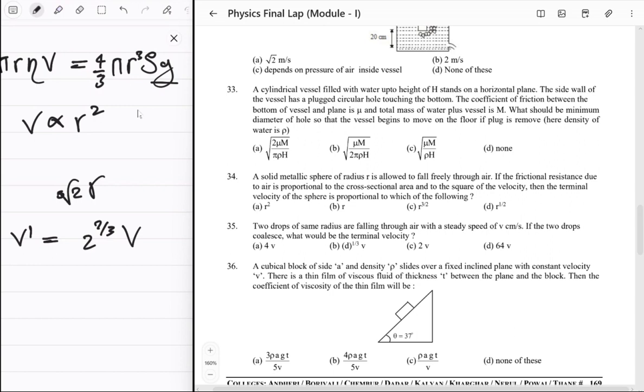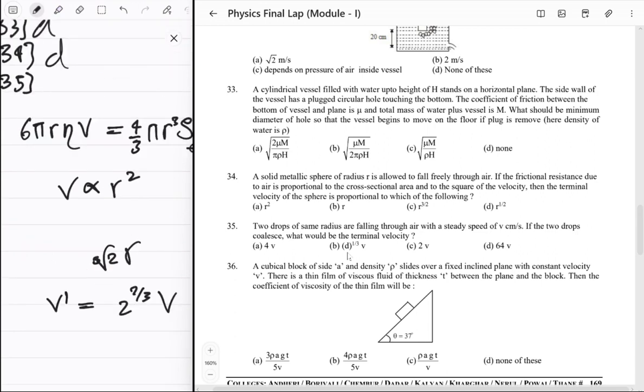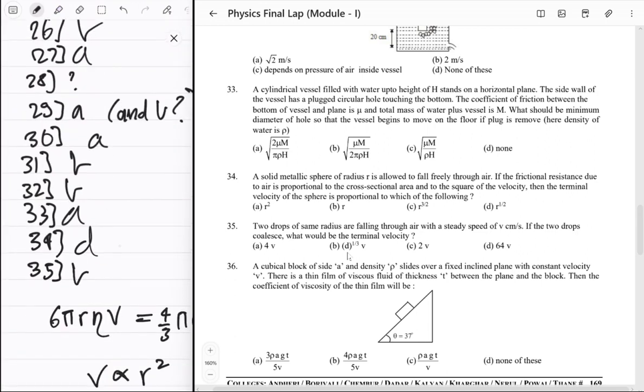So velocity goes as r squared, giving 2/3 power, but the answer isn't there. Oh, D means diameter. Wait, something's wrong here. I think it would be 4 to the power 1/3, and B is the only answer that can make sense, because the rest don't have 1/3.